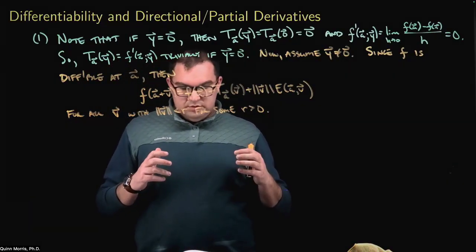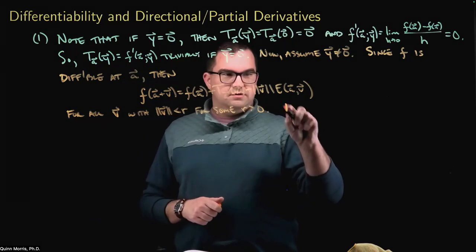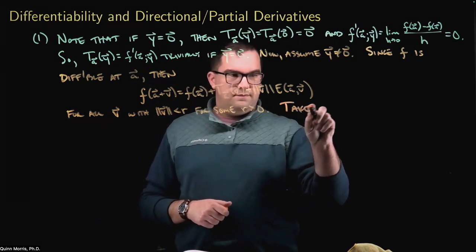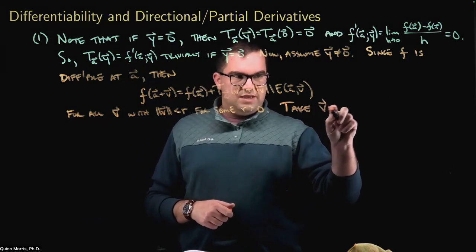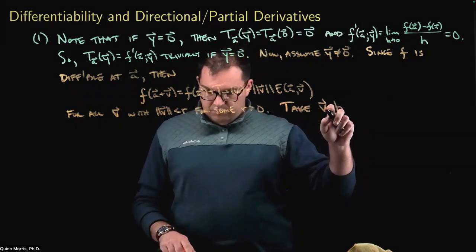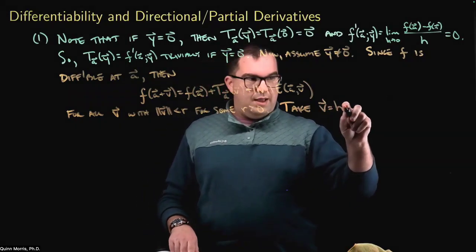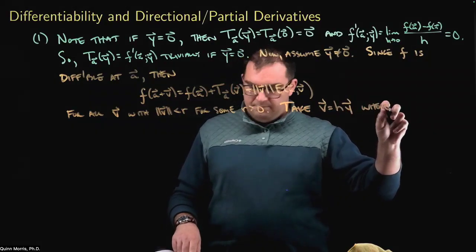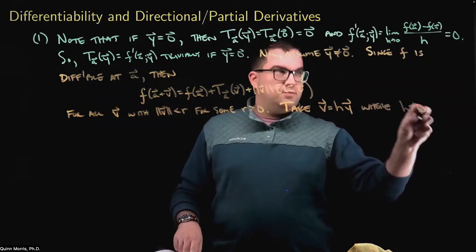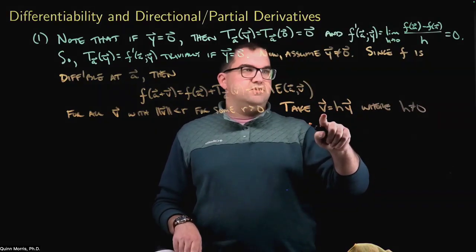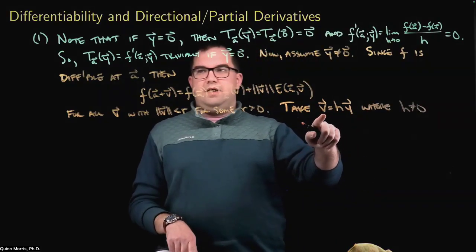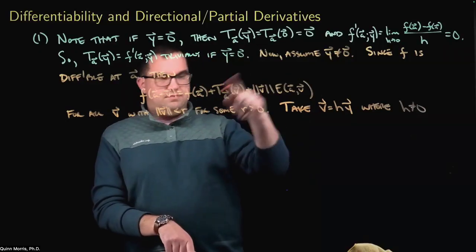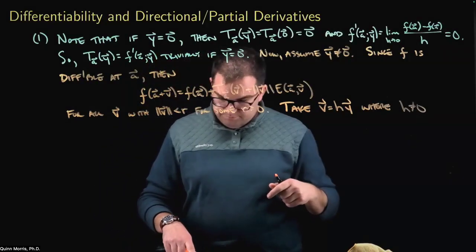Okay. So since that works, we can set V equal to H times Y, where I don't want H to be zero, right? Because if H was zero, this would be the zero vector, and I'm trying to avoid the zero case.